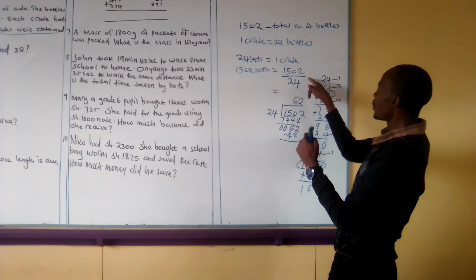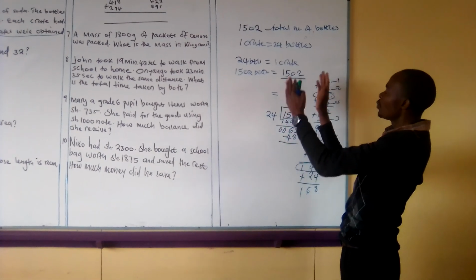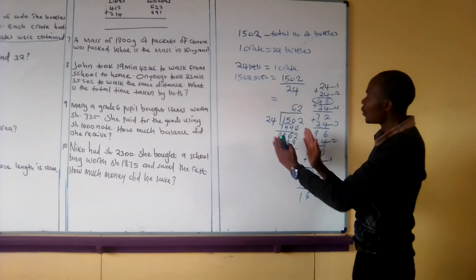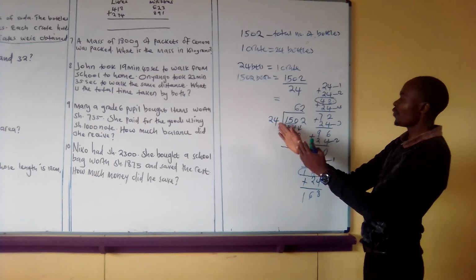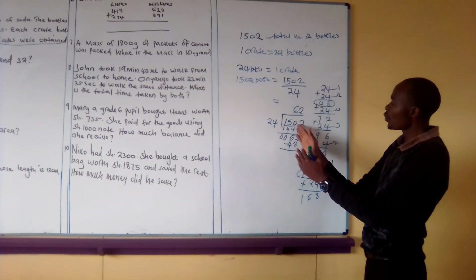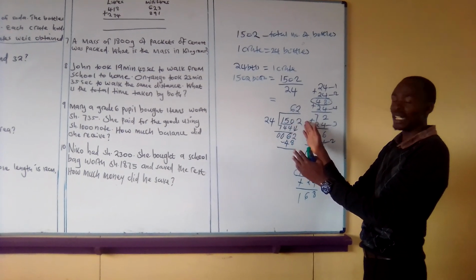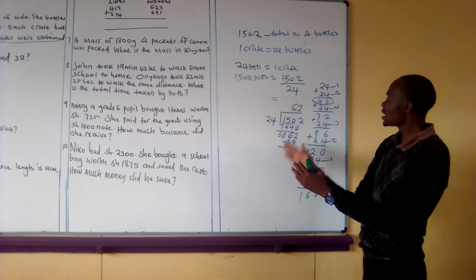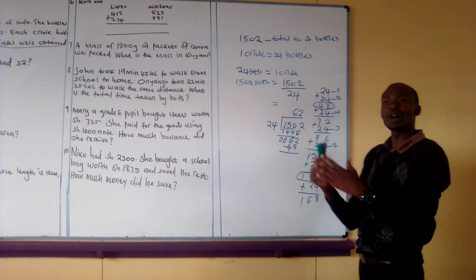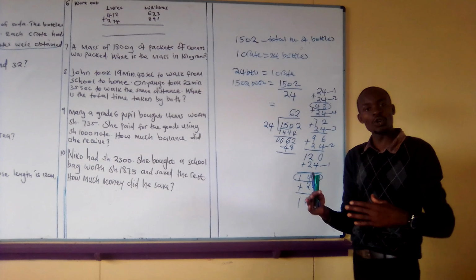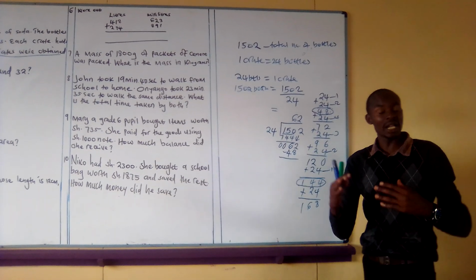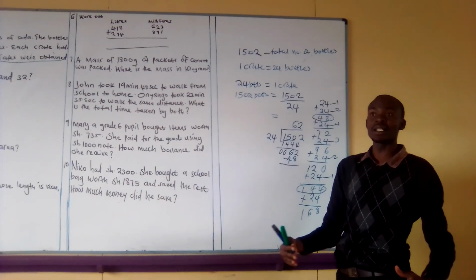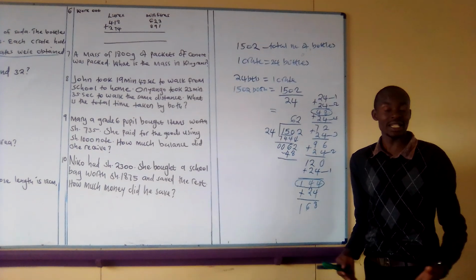And now we divide in this way. We have to write 24 goes into 1,502 how many times? And then for us to avoid multiplying, we can use addition because addition is something very easy that everybody understands easily.